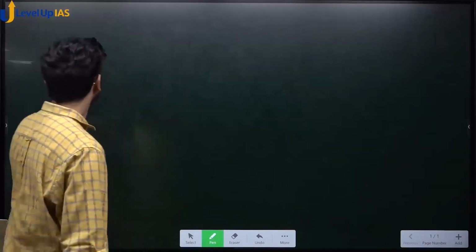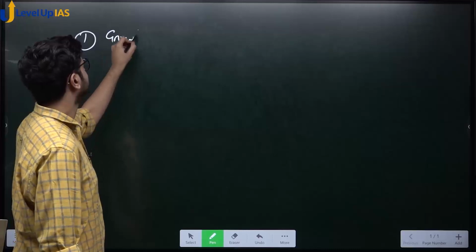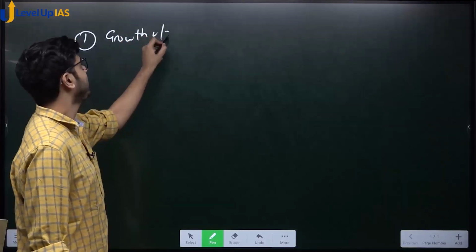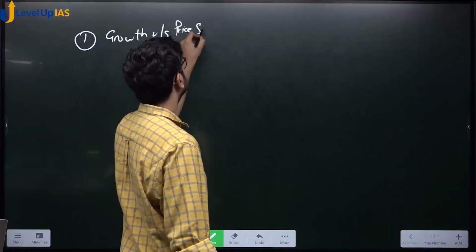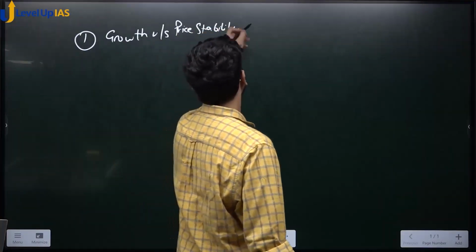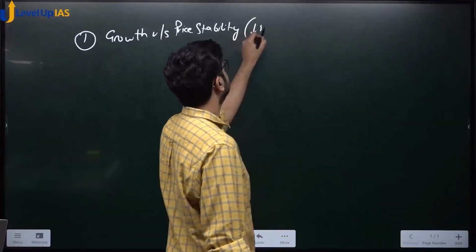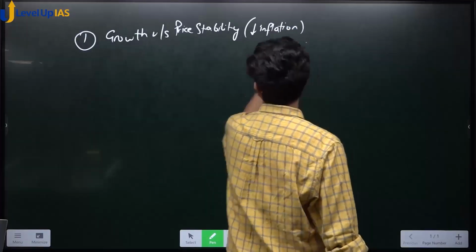So now we know that there is a very big dilemma between growth and inflation. Yes or no? Growth bhi chahiye and price stability bhi chahiye. When I say price stability, it is nothing but low inflation, hai na? Price stability means low, or whatever level we need, that much inflation. Okay?